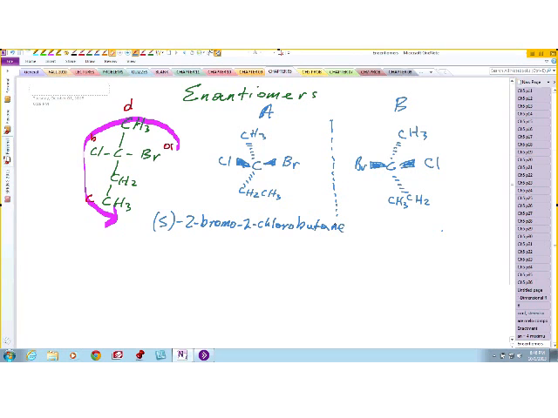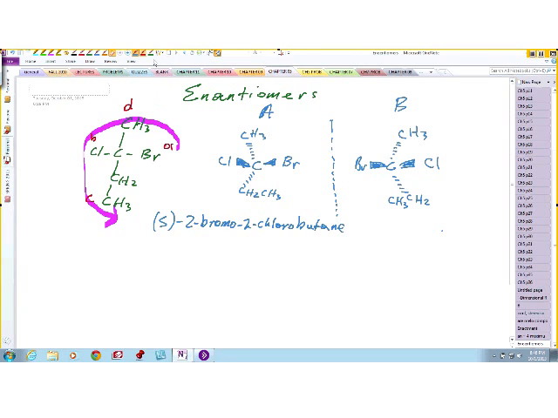And what do you think the name of the mirror image will be? Exactly, it would be R, paren, 2-bromo, 2-chloro-butane.